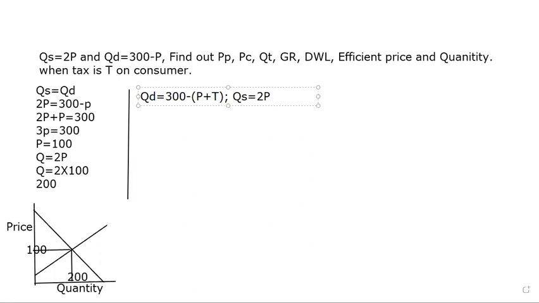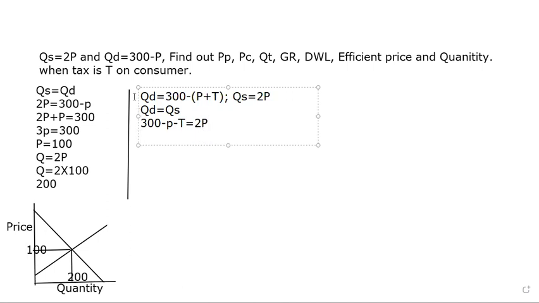So to find the equilibrium price, we can equalize both sides. QD equals QS. So 300 minus P minus T equals 2P.